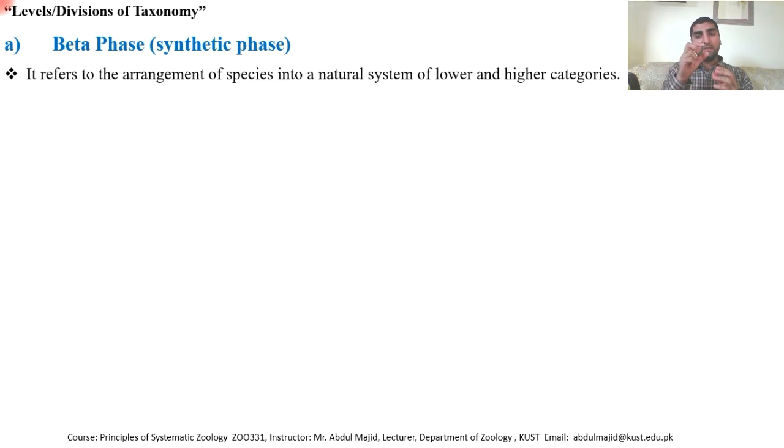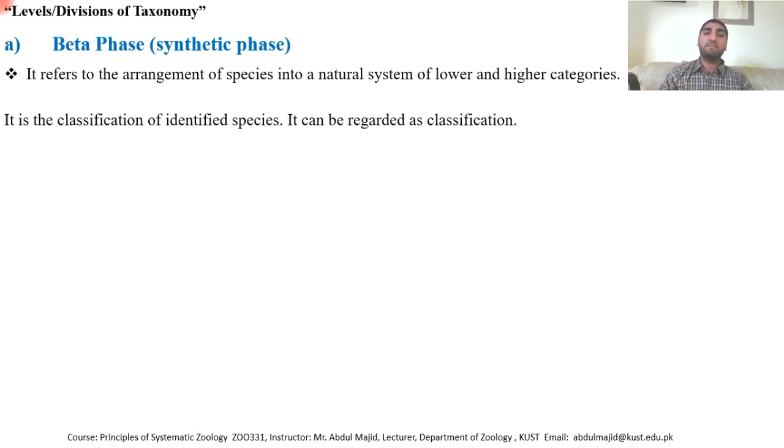But now you need to put this species in a genus, and that genus into a family, and that family into an order, and that order into a class, and class into phylum, and so on. Then this is macrotaxonomy, and it is the beta phase, the synthetic phase, or beta taxonomy.